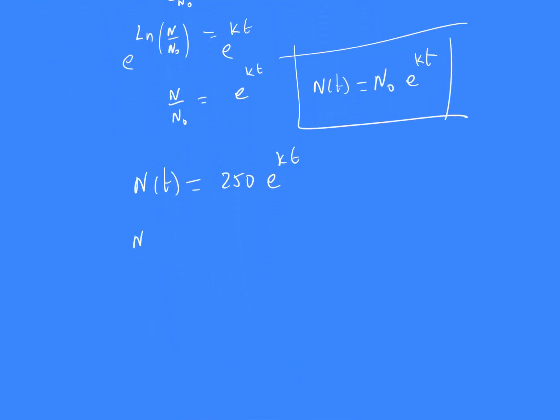So N of 1 is 400. So 250 times e to the k times 1 is 400. So the equation that I would have is 400 equal 250 e to the k. And this allows me to find the k.